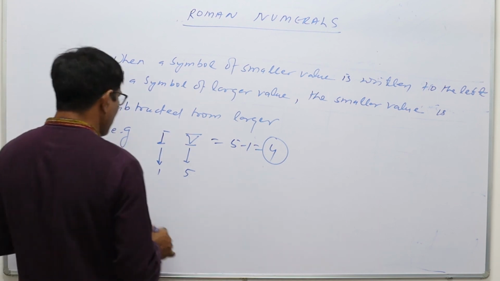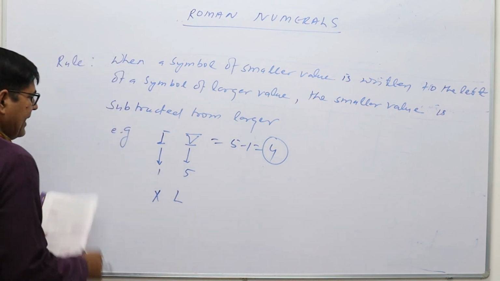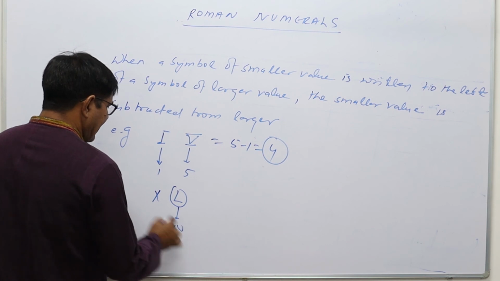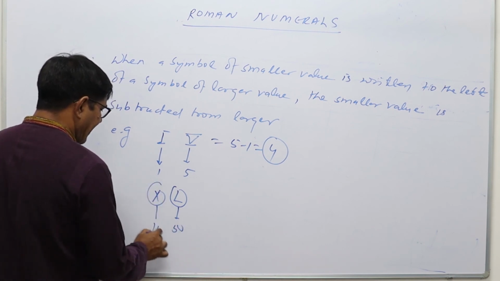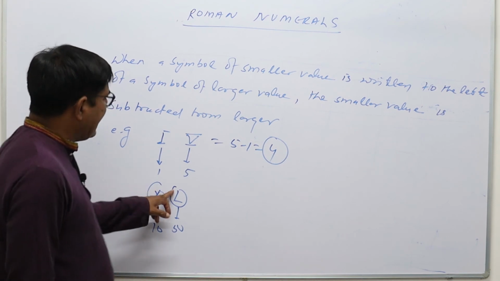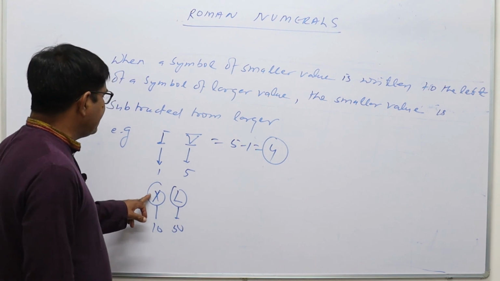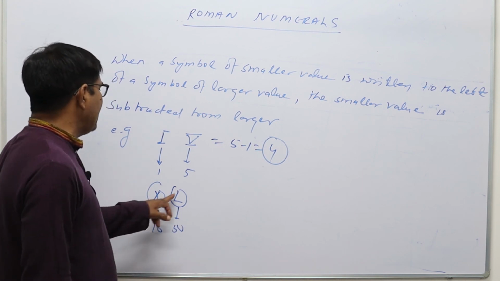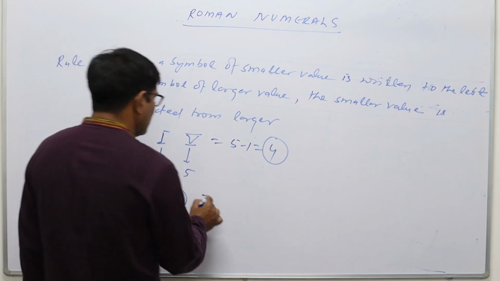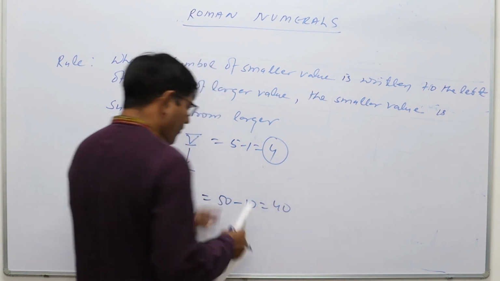Similarly, let us suppose one number is XL. Here L represents 50 and X represents 10. So X has the smaller value and L has the larger value, and X is written to the left of L. So the total value will be 50 minus 10, which equals 40.